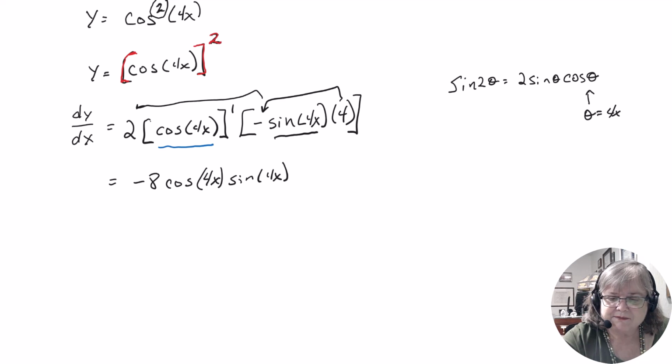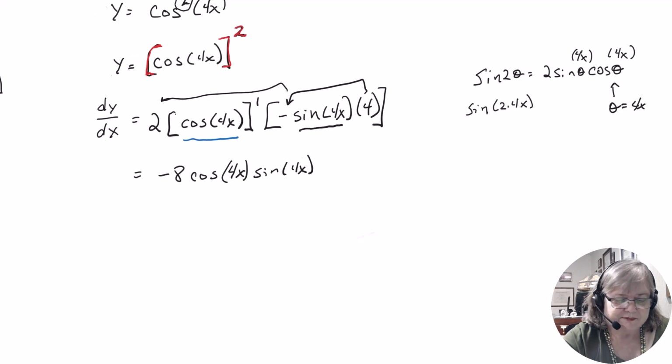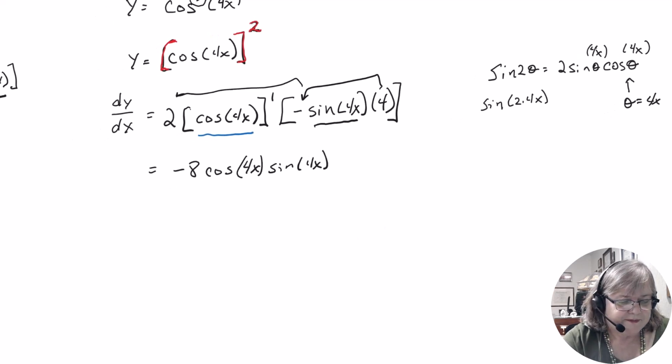Okay, so if theta was a 4x, this would be cosine of 4x. This would be sine of 4x. And this would be sine of 2 times 4x, correct? So let's see what that would do.